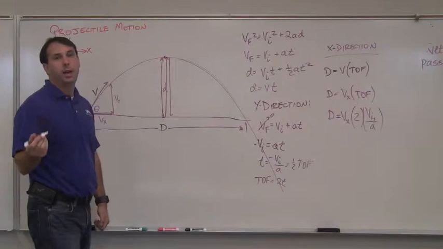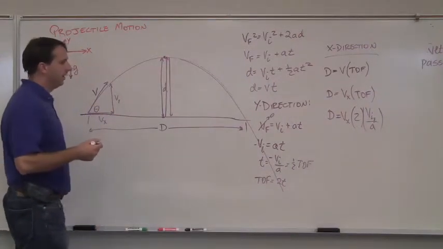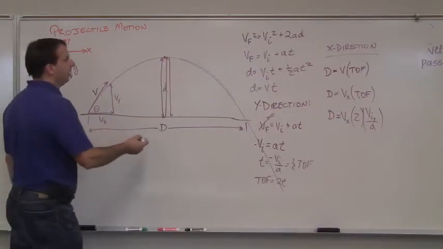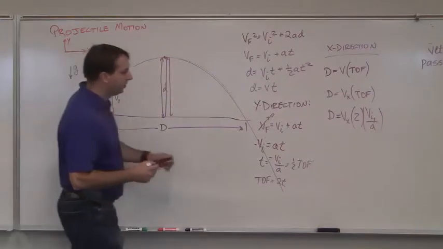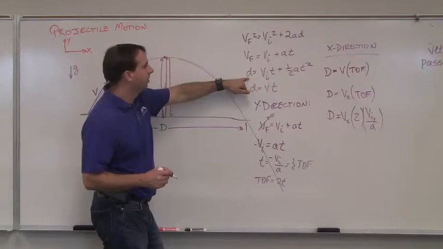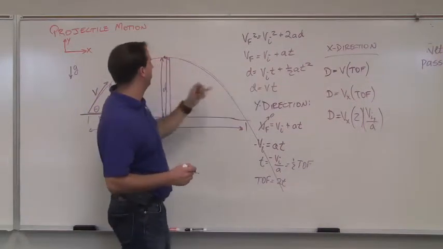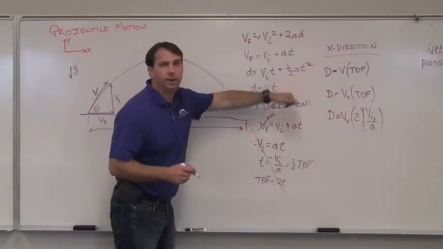But you can calculate this simply by saying that you know the time of flight, you know your distance, and you can use this equation here to calculate time of flight. So you know your distance, and then your initial velocity in the y direction when you get to the top here is going to be 0, and then you're going to be accelerating downward.